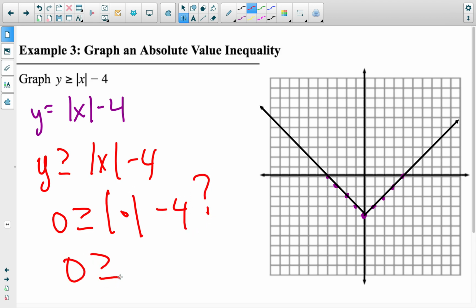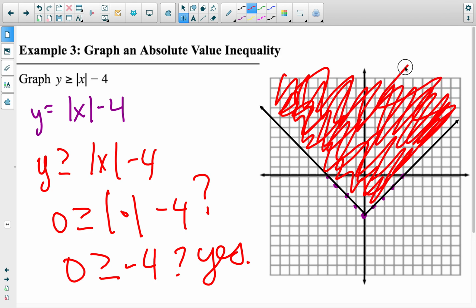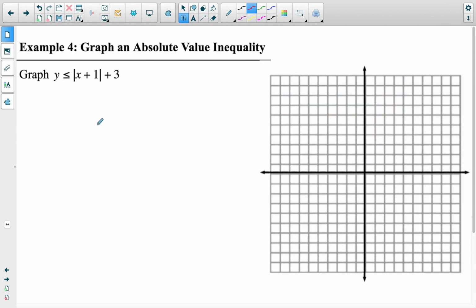So is 0 greater than or equal to the absolute value of 0, which is 0, which means we're just left with negative 4. Is 0 greater than or equal to negative 4? Yes. So we're going to shade inside this shape, meaning all these ordered pairs inside forever and ever satisfy our inequality.